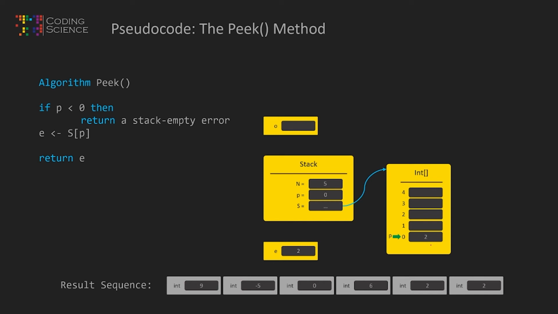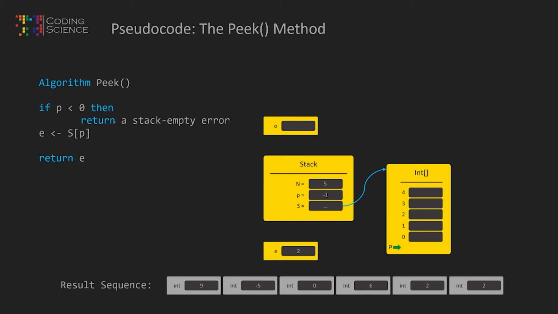deleting it. So now, what if we are in this situation where the array is actually empty and P is equal to -1? So let's see. We call our function, or method, peek. If P is inferior to 0, then in this case it is inferior to 0, it's -1.